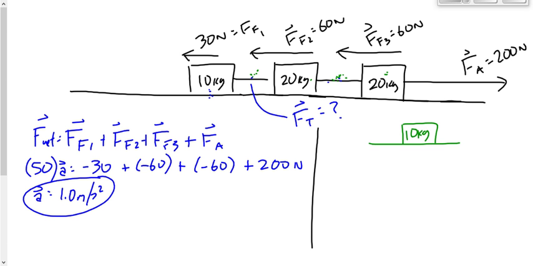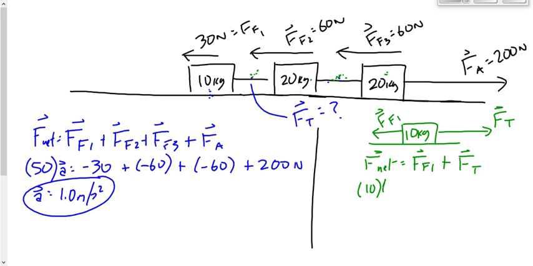It means I've got a 30 Newton force acting backwards, FF1, and I've got a tension acting forwards. I'm going to call it FT. I'm going to say F net is equal to the sum of those forces, FF1 plus FT. This time it's 10 times the acceleration, but we know the acceleration is 1. FF1 was 30, right?